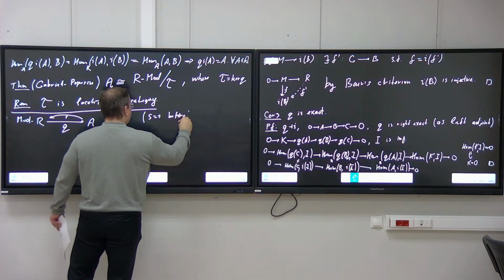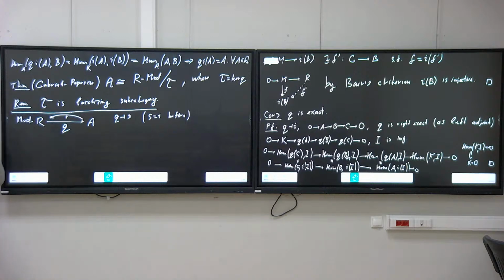Sorry for this switch of notation, but if I continue to use I, I'm probably going to make mistakes.